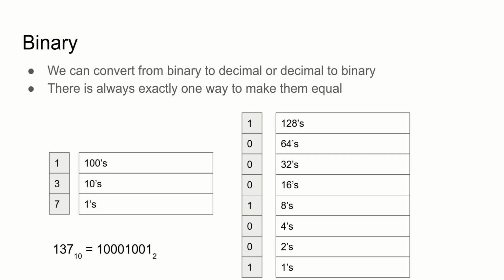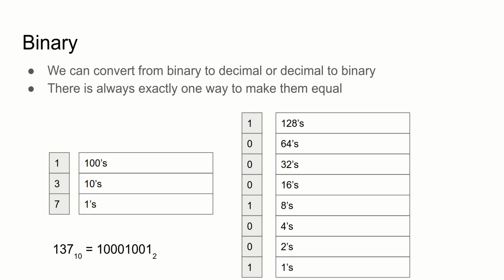It will be pretty obvious that most base 10 numbers, like 137, are not binary because you cannot have a 3 or a 7 in binary. But the binary number 2, which is 10, you could have in decimal, it would be 10. 10 is 10. So it's sometimes important to indicate which base system you're currently working in.